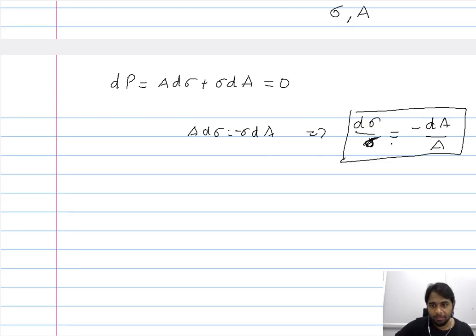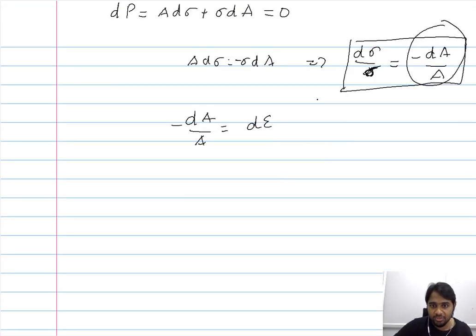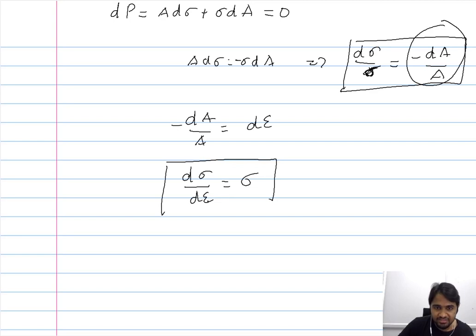You can replace this term here, since this is nothing but the strain that is exhibited at that point, that is dA by A, and since it is necking, there is a reduction in the cross-sectional area, it is nothing but the strain that is experienced by the material. You can substitute this here, and ultimately the condition that characterizes the instability is this.